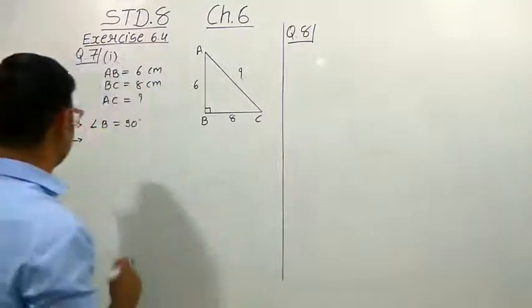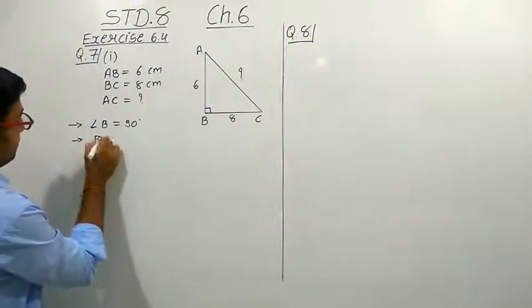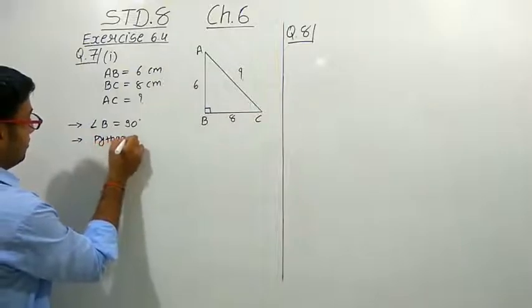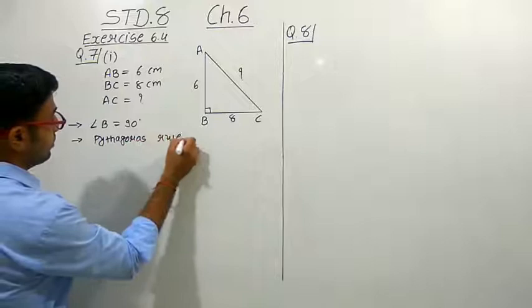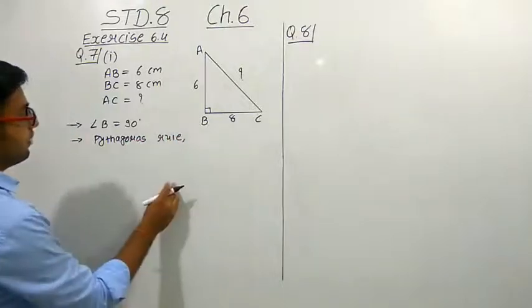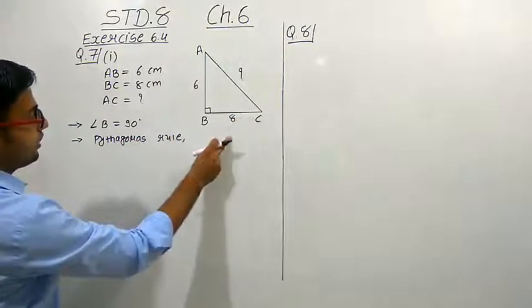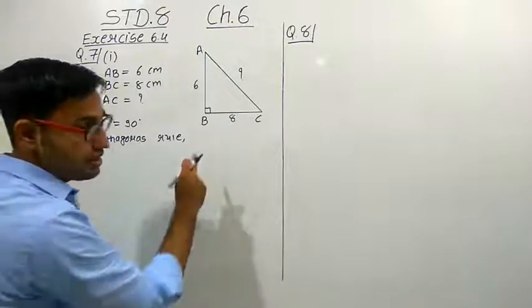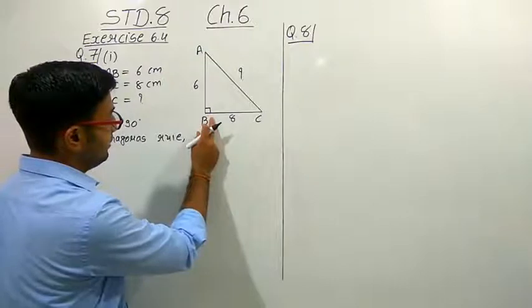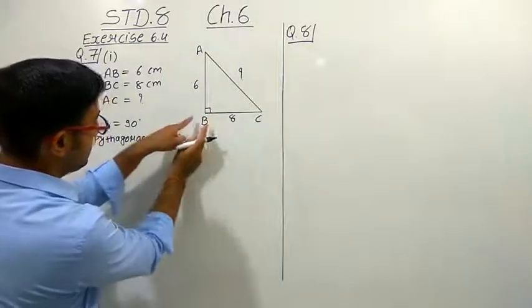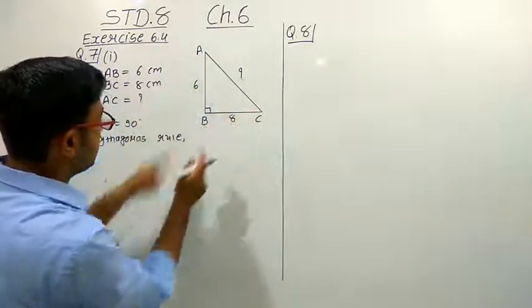So according to the Pythagoras rule, we can write down: hypotenuse square. What is the hypotenuse? The hypotenuse is the side opposite to the right angle. B is the right angle and its opposite side is AC.